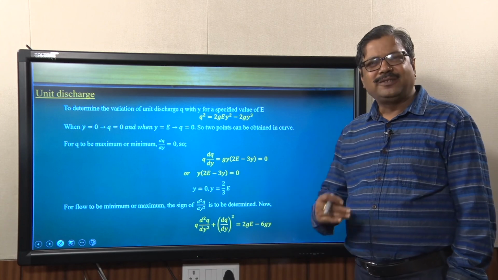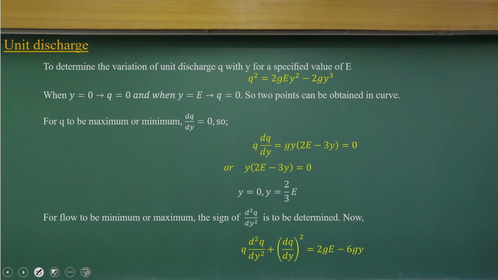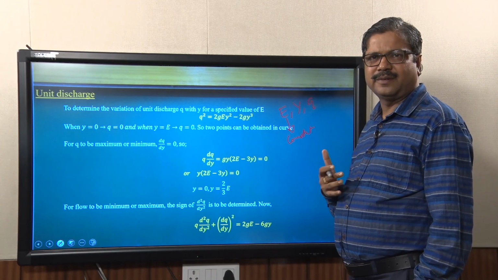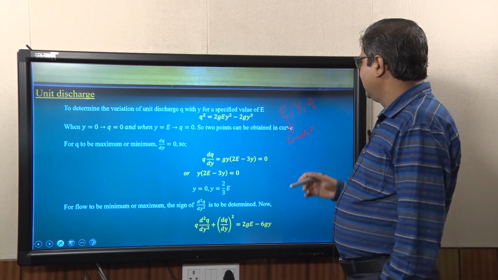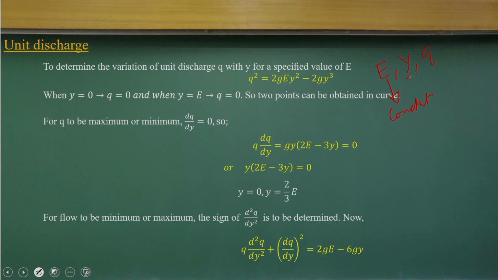Now, let us discuss, as I said, the specific energy, Y and Q. Now if I consider E a constant, that means I am considering a channel where energy dissipation is not happening yet; it is not that significant. The flow will vary with variations of Y and Q, where Q is discharge per unit width.